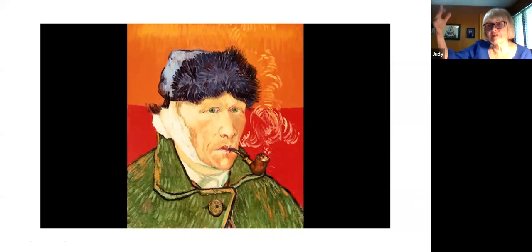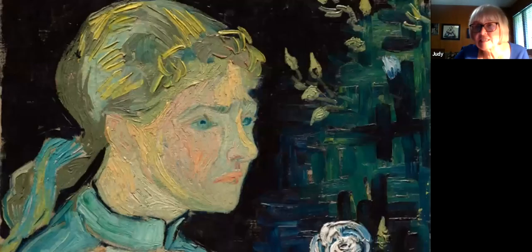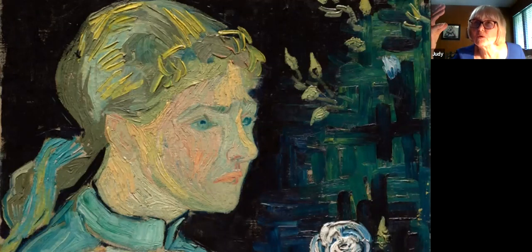And you saw the curator was standing next to the painting that we have at the museum. This is the other one. And this is the daughter of the person from whom he rented the room. Her name is Adeline Ravoux, and she was 12 years old. Now, in this painting, this girl does not look 12 to me. But as I said, Vincent, I'm calling him like he's my friend.